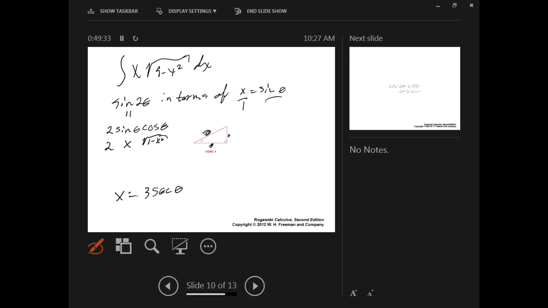Okay. So this becomes x over 3 is equal to secant theta. Hypotenuse is x. You got it. And adjacent is 3. There you go.